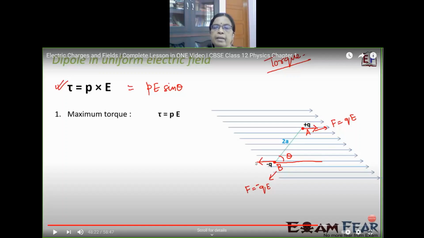So for plus Q, we represent this red line: F equal to QE in the direction of the field, arrow towards the right. Vector F equals Q into vector E, so the force direction is in the direction of the field. And here the red line is marked opposite to the direction of the field.